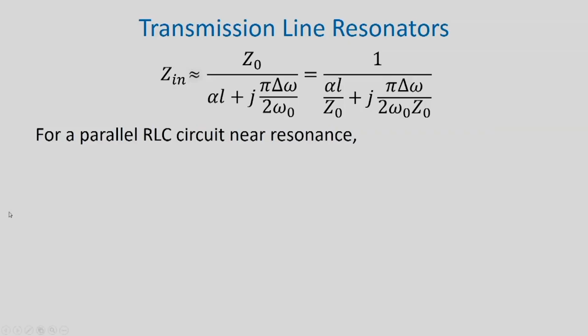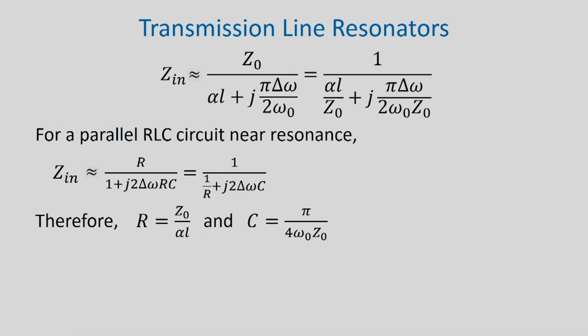For a parallel RLC circuit near resonance, we have Z in approximately equal to R by 1 plus j 2 delta omega R C, which can be put in this form: 1 by 1 by R plus j 2 delta omega C. Now, if we equate these corresponding terms, then we get R equal to Z naught by alpha L and C equal to pi by 4 omega naught Z naught.